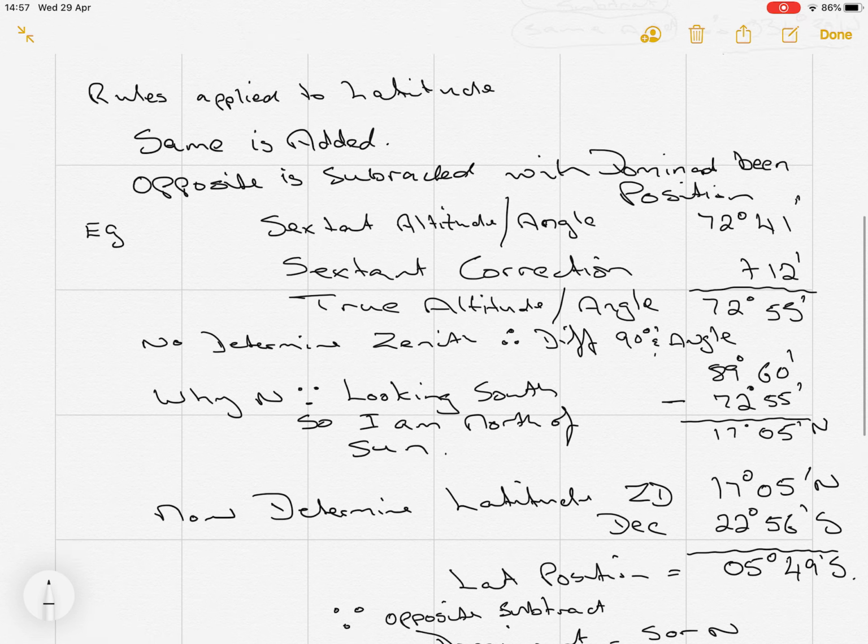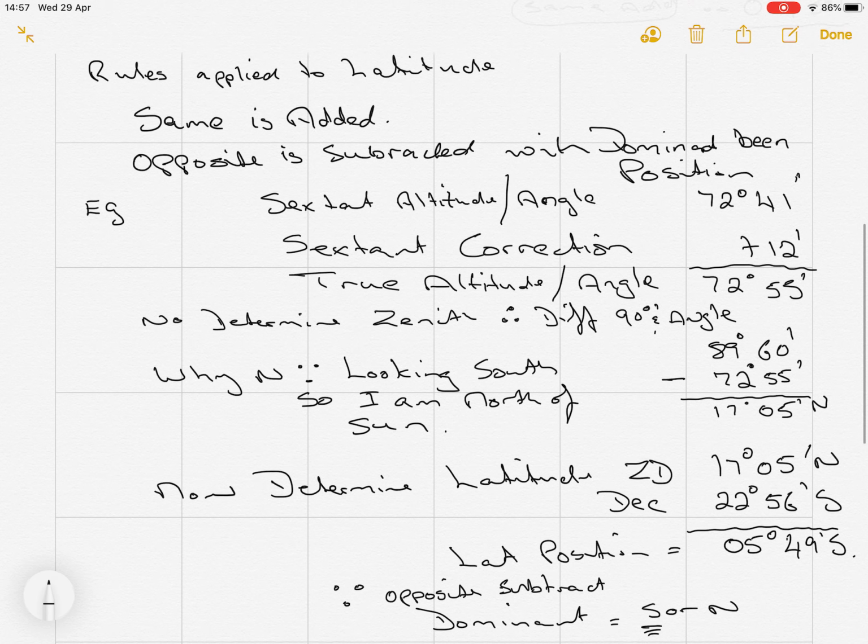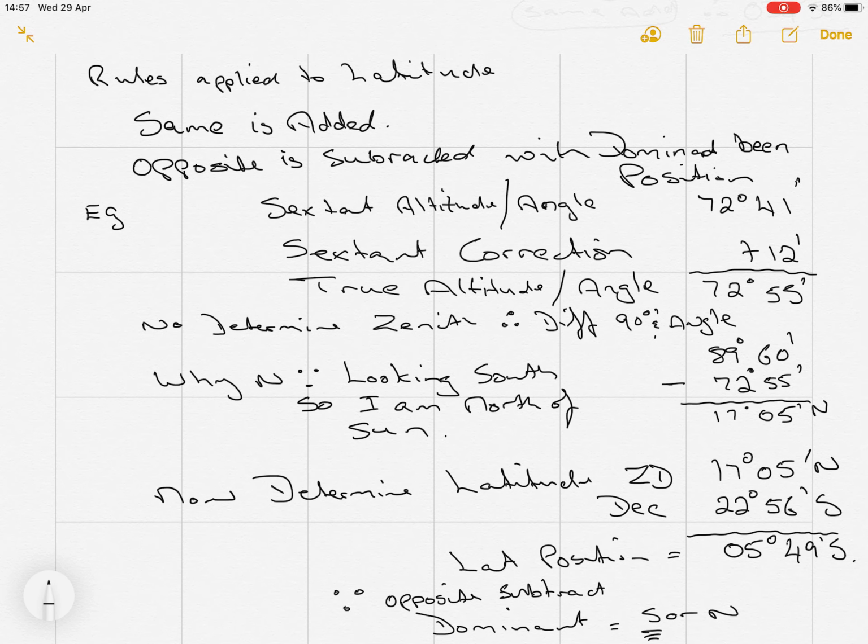If I now look at the rules that apply to latitude, we're going to have this rule: if they're the same, it's to be added. If they're opposite, it's to be subtracted, with the dominant hemisphere being my actual position. So what we've got here in our first line as an example, we've got our sextant altitude.